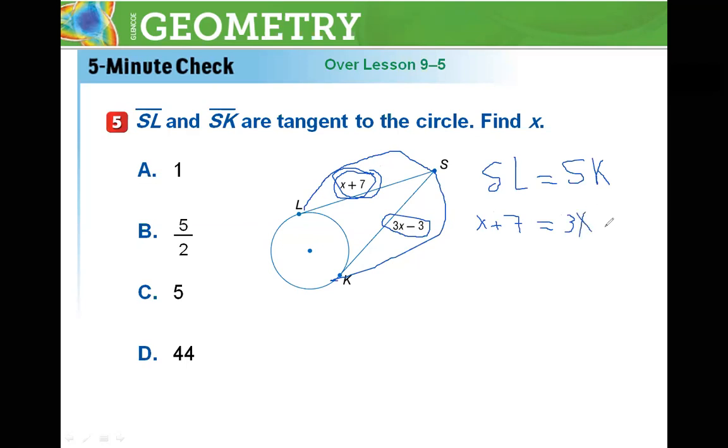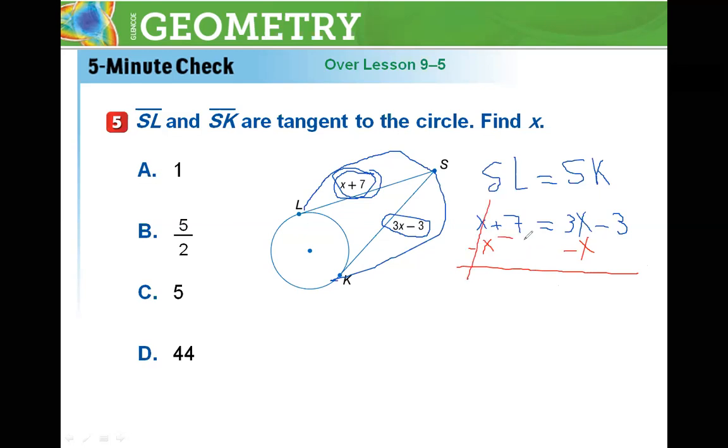3x minus 3. So you have x on the two sides. I need to remove one of them. Which is smaller, x or 3x? x is smaller than 3x. So minus x here and minus x here, and they cancel.